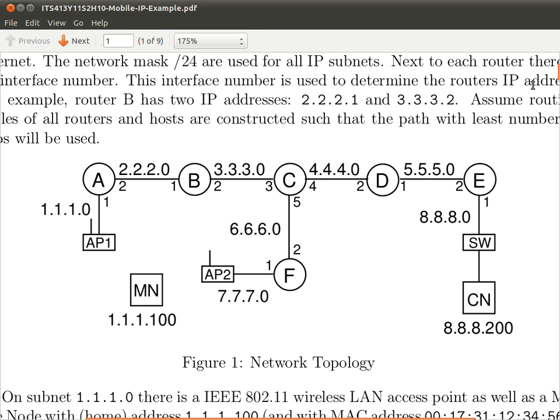Really, we can think the home agent intercepts that. Or it goes to the home agent and then it's going to send that in a tunnel to the destination. So the source is the home agent now, which is 1111. Destination.